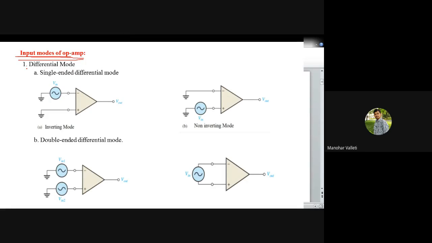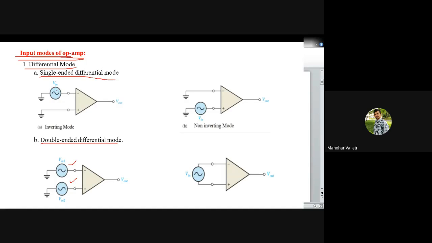The first input mode is differential mode. In that, you can apply one input at a time or both inputs at a time. If you are applying one input at a time, that is single-ended differential mode. If you are applying two inputs at a time, that is double-ended differential mode.